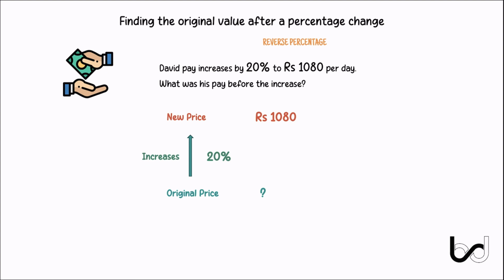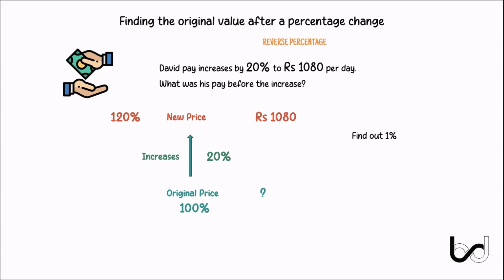Now there is an increase by 20%, so generally what we do is we consider the original price equivalent to 100%. Now if there is an increase by 20%, the new price would be 100 plus 20, which is 120%. What you know over here is that 120% equals 1080. We need to find out what 1% is.